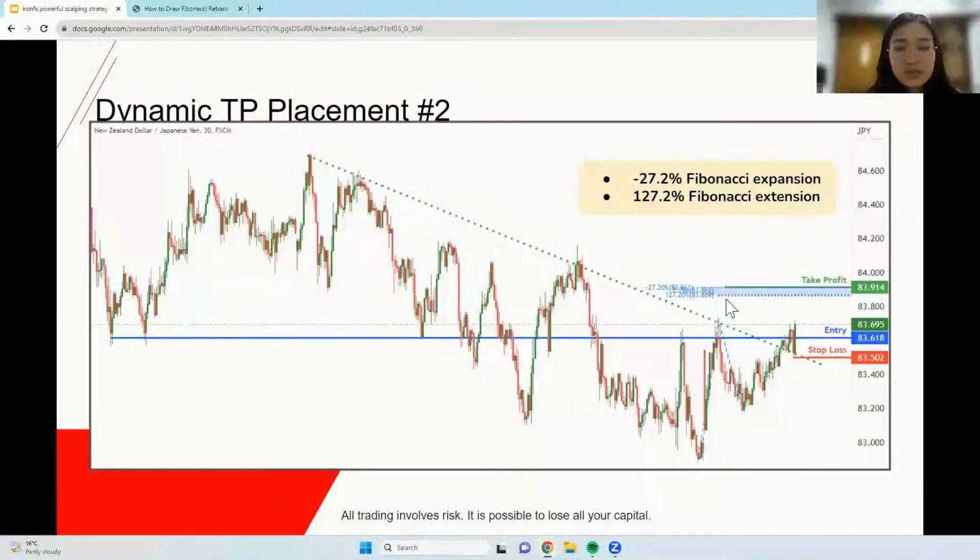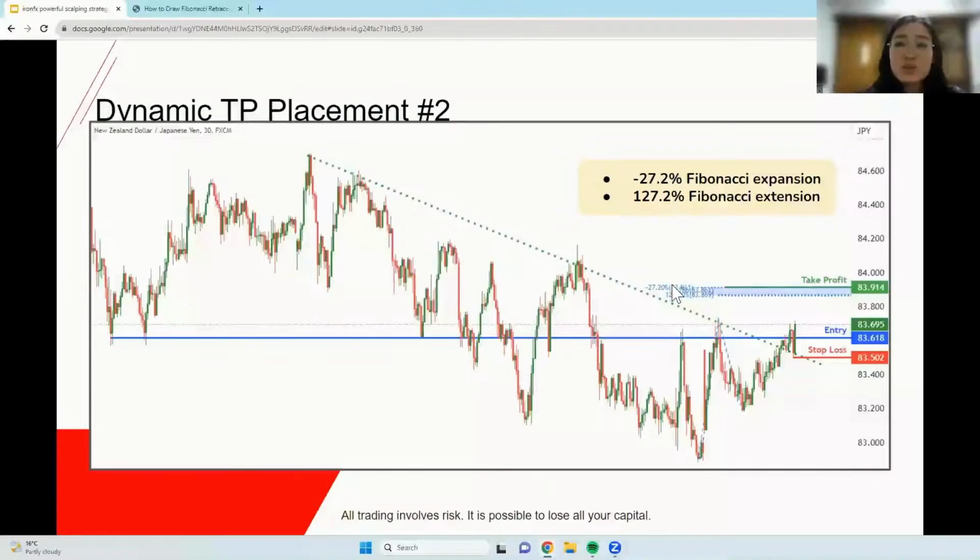Another example here. Okay, we have price breaking out of the descending trend line. So since it's breaking out of it, it's giving us a bullish signal. And then we have our entry level here, which is a significant level. You can see the number of times that price has tested it.